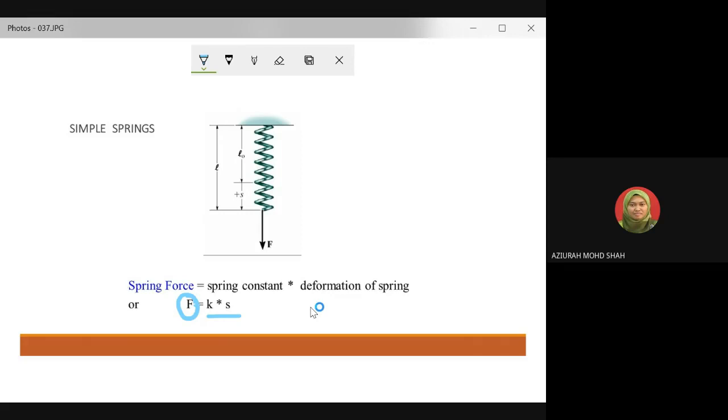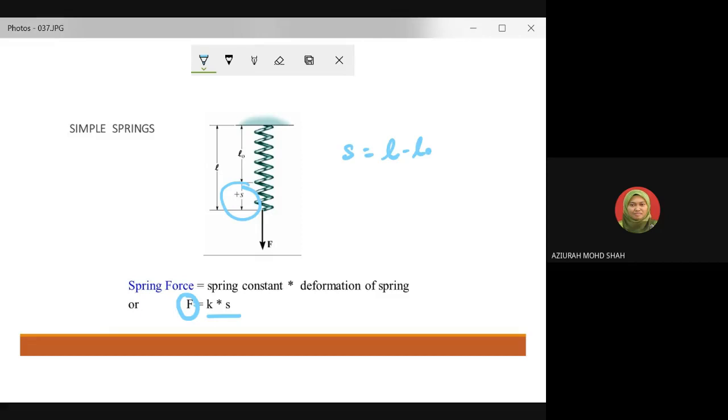In this case, if you look at this spring, it is in tension. So we take S as the length minus your original length. So you get your S.